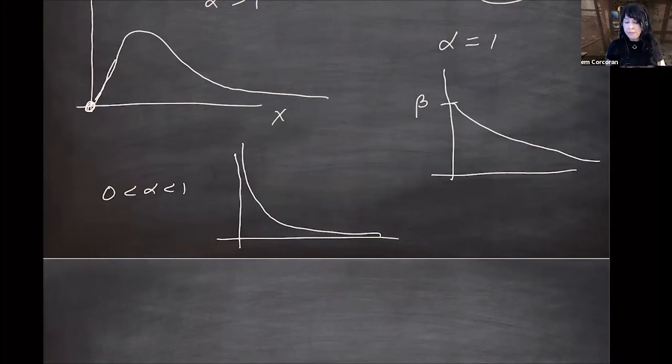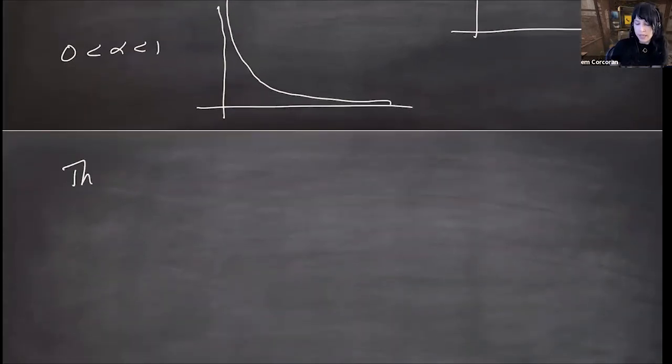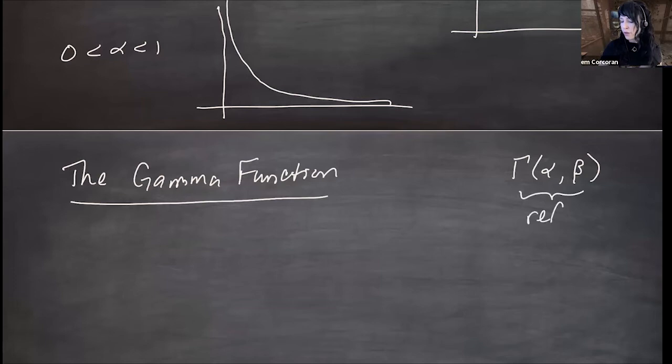Okay, I need to define the gamma function for you. This is something we're going to use a lot. There are a couple of capital gammas already in these slides for today. If you see a capital gamma in probability or statistics with 2 arguments, no matter what they are, if they're alpha, beta, or something else, this is referring to a distribution.